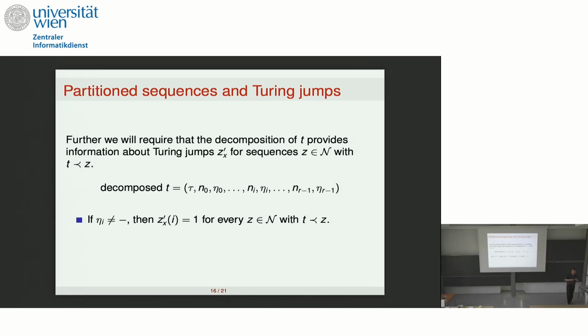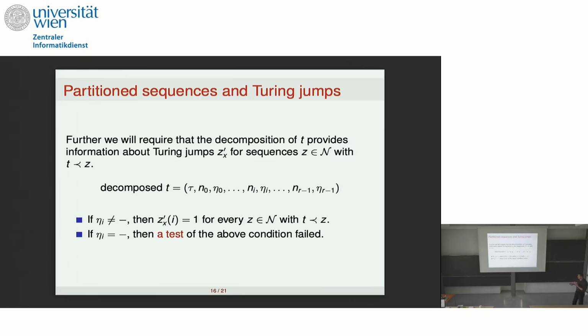So extending tau and building a new decomposition provides some information about the jump of the final sequence. It goes step by step, and if eta_i is minus, then we don't know.